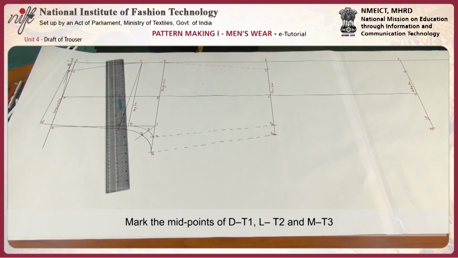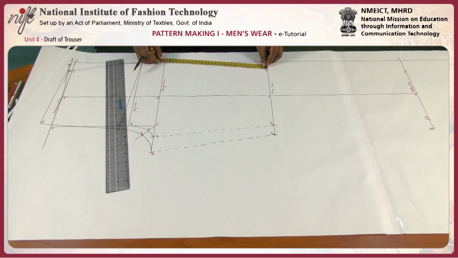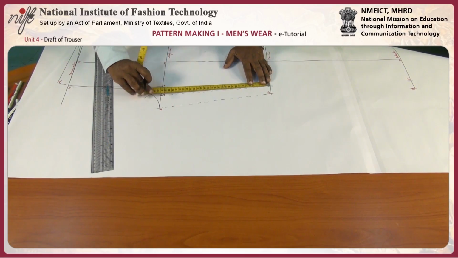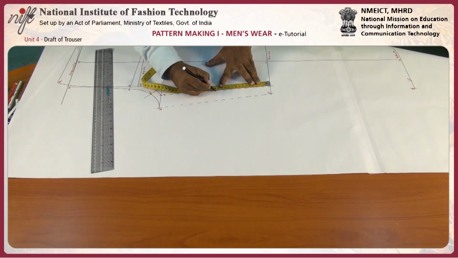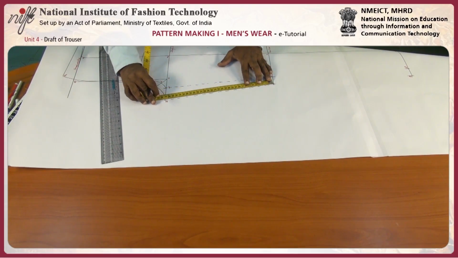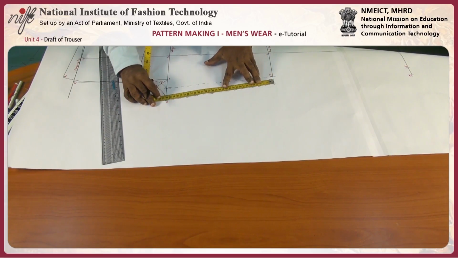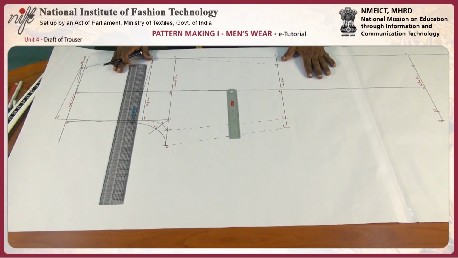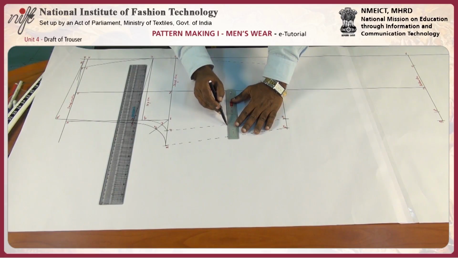Mark the midpoints of the lines DT1, LT2 and MT3. Can be given a cross mark.